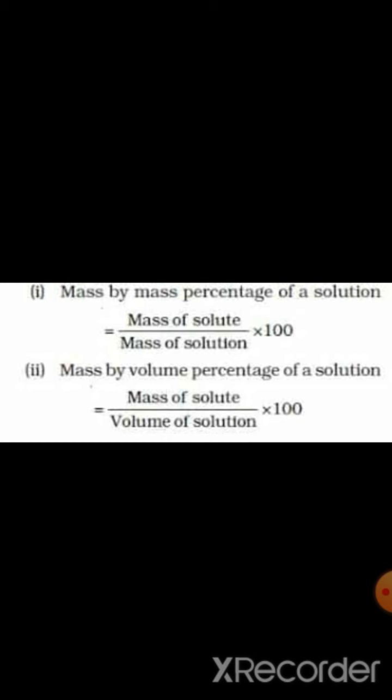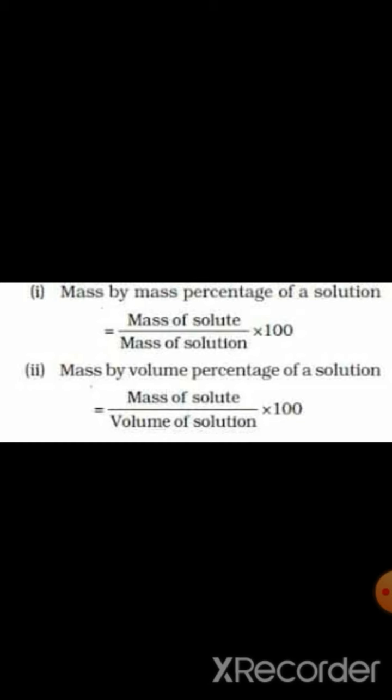Now, to express the concentration of a solution, we have two different methods. But we will be learning the methods which we are having in the slide here. The first one is mass by mass percentage of a solution.